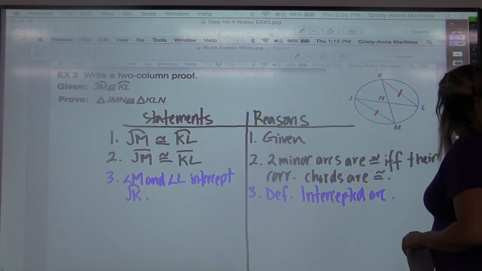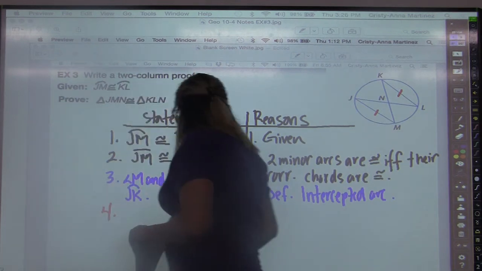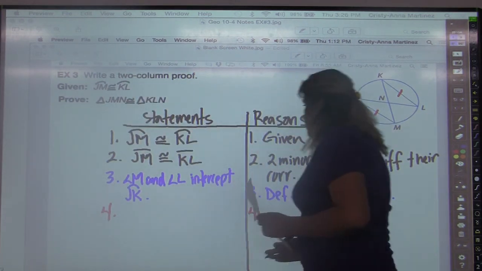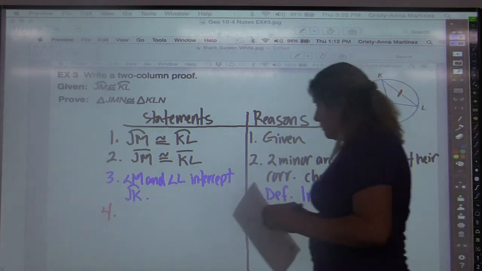Lovely. All right, so now in step 4, I'm trying to color code so we can separate the steps from each other, because it'll all become a big blur. Because they intersect the same arc, then that tells us that the angles are congruent.